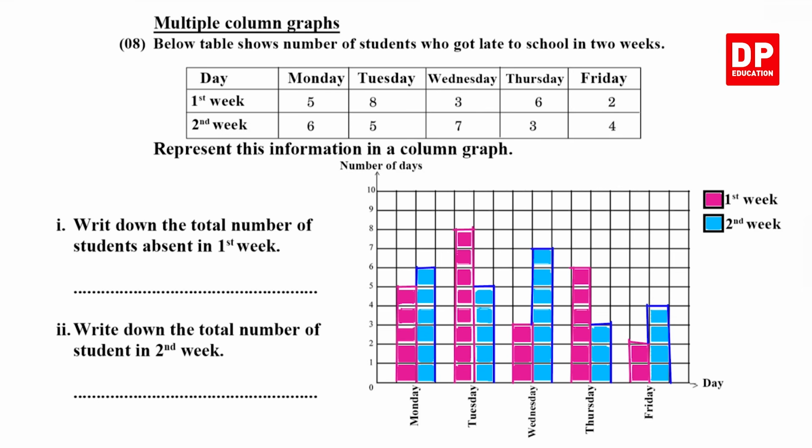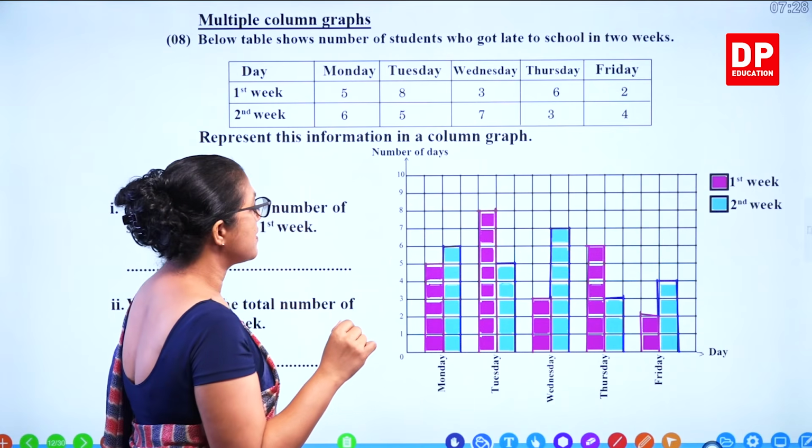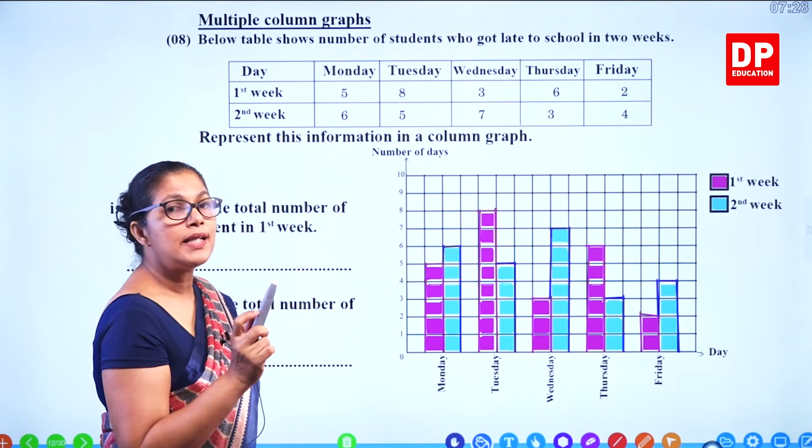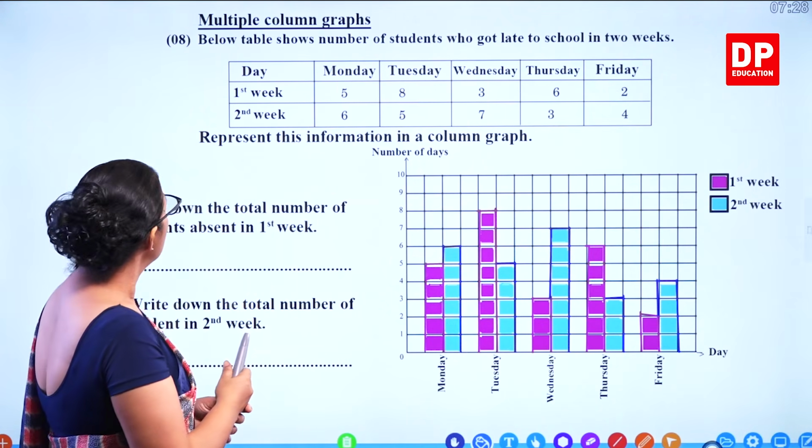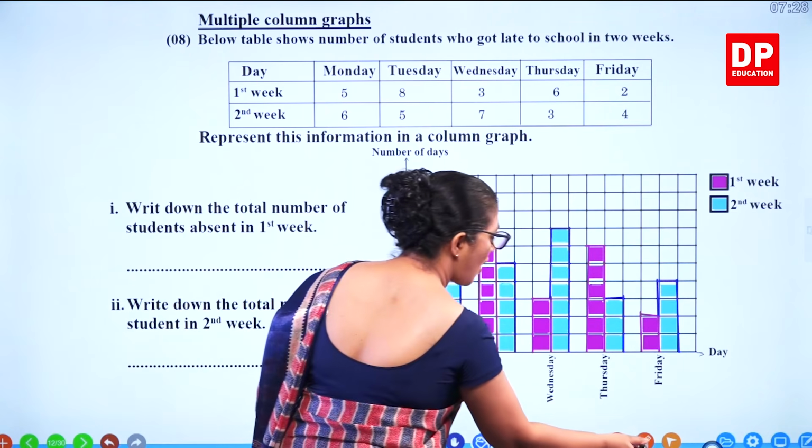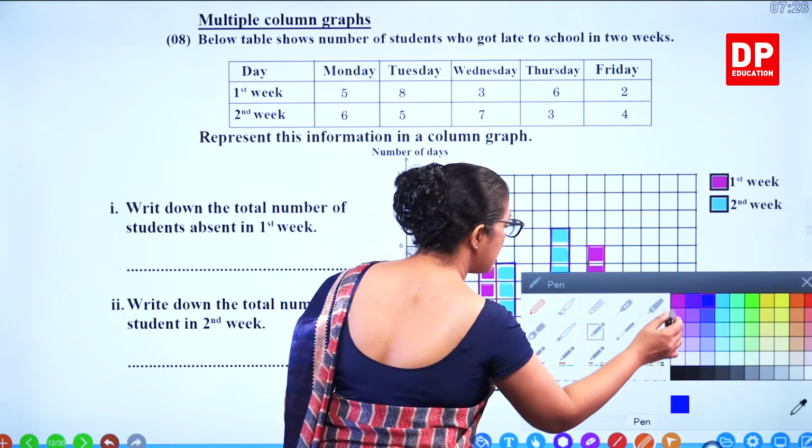And the second week is this one. So this is the multiple column graph. By looking at the column graph, you can interpret it easily.